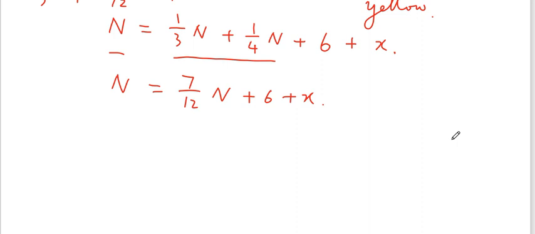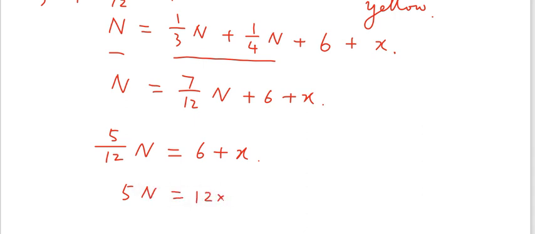We move it to this side, so 5 over 12 n equals 6 plus x. We just multiply by 12, so 5n equals 12 times 6 plus 12x.